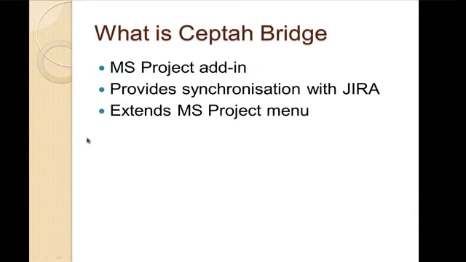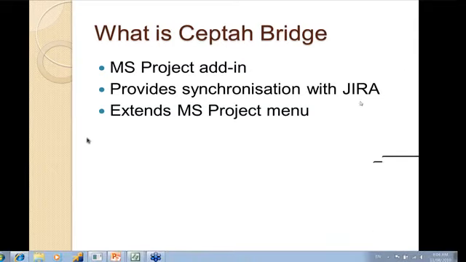Technically, Ceptah Bridge is a Microsoft Project add-in that you install on a computer where your Microsoft Project is installed, and obviously it provides synchronization between Microsoft Project and JIRA, and it extends the Microsoft Project menu with its own menu items, and you use these items to operate the bridge.